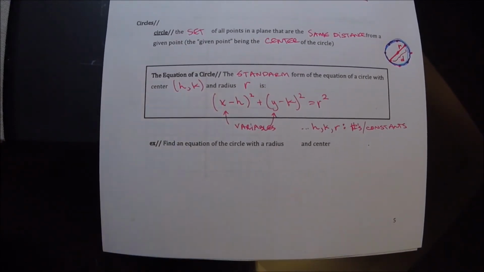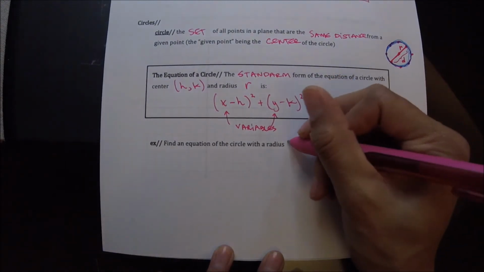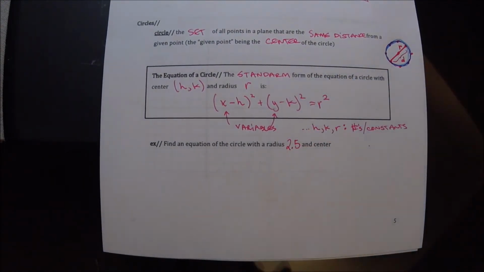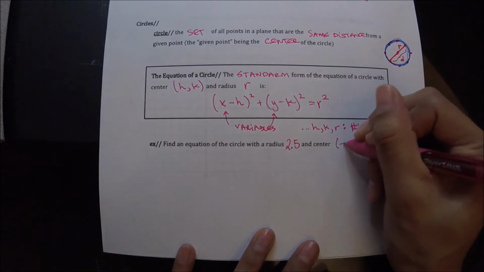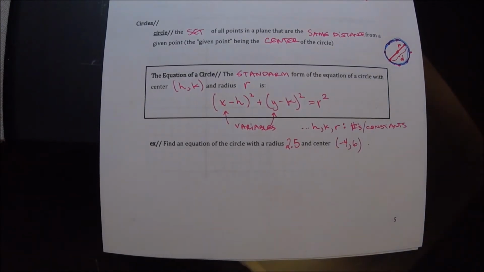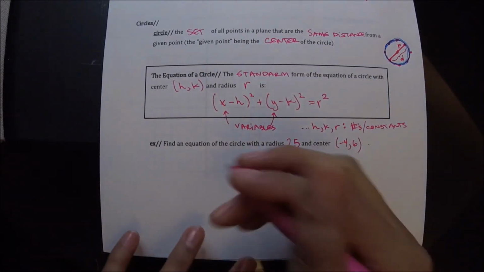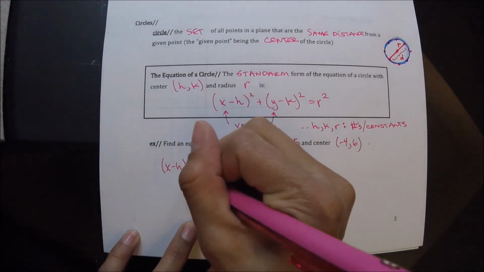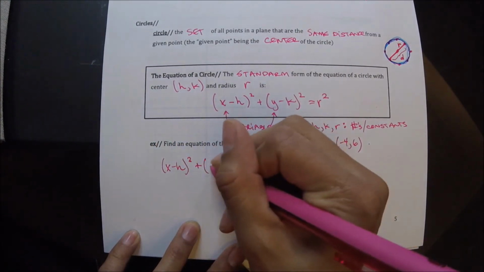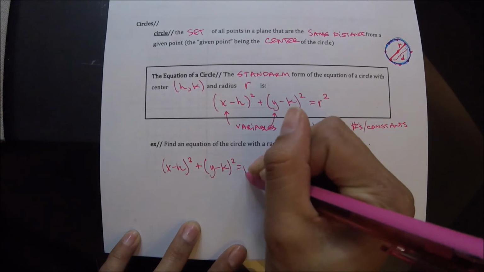Okay, so find an equation of the circle with a radius 2.5 and center (-4, 6). Well, we know that the equation of a circle should look like this: x minus h squared plus y minus k squared equals r squared.